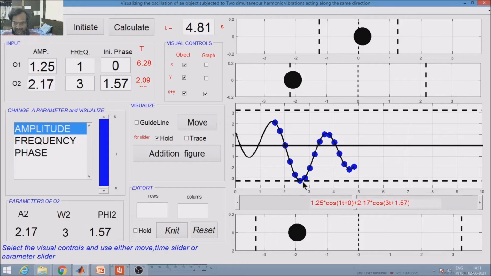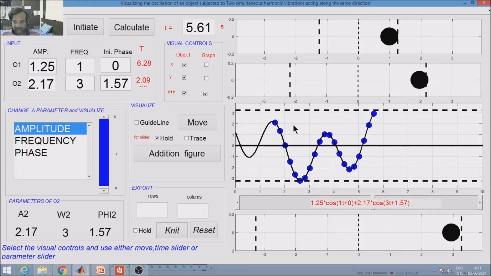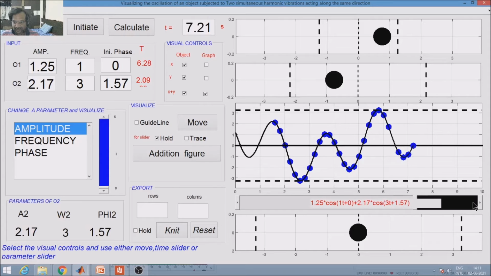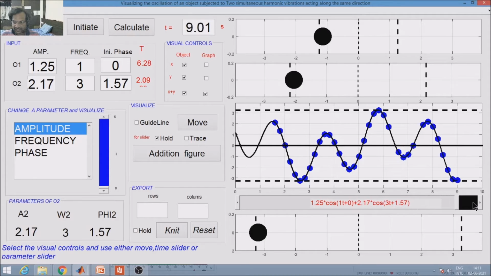Again you can see first it was -3 point something, again it is -2 point something. Let me take it faster. First it was 2, then it was 1, now it is 3 point something. So there appears to be no particular pattern.